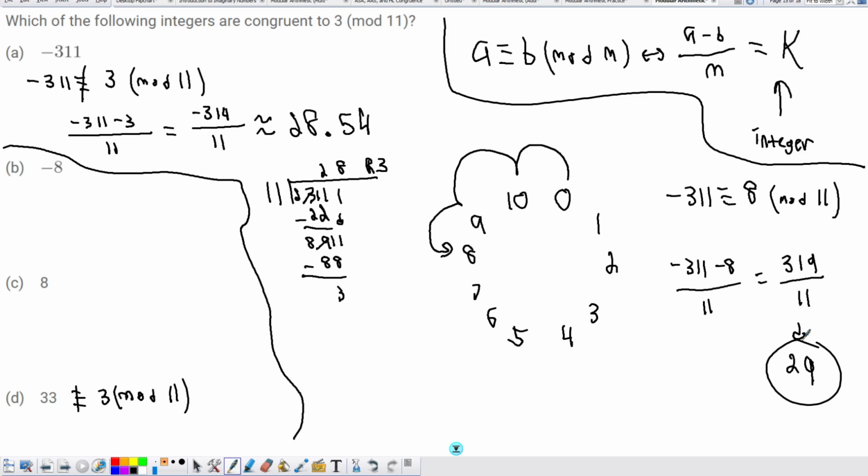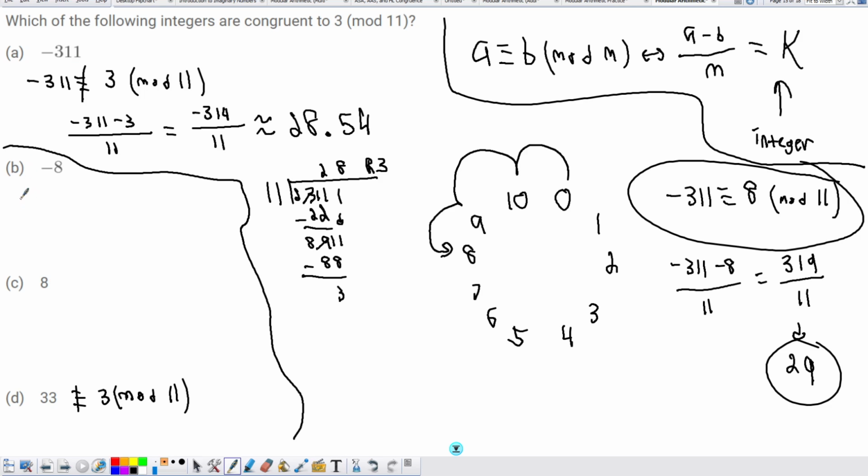So, yes, indeed, negative 311 minus 8 over 11 is an integer, so this congruence is true. But the original problem that I completely diverged off of was not true. So, with all that work established, I'm going to run through B and C fairly quickly. We've already done part D.